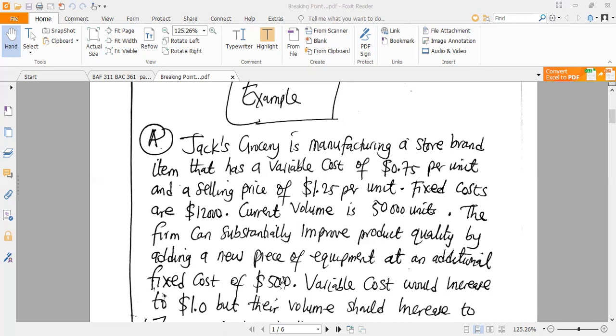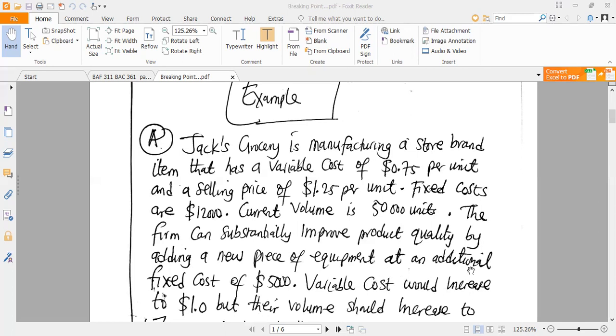So they are thinking of coming up with another equipment, or they can continue with the current volume of 50,000. Meaning that from the current fixed cost of $12,000, they will add the $5,000 for the new equipment, which would push the fixed cost to $17,000.